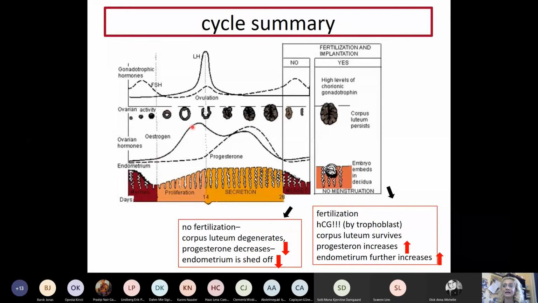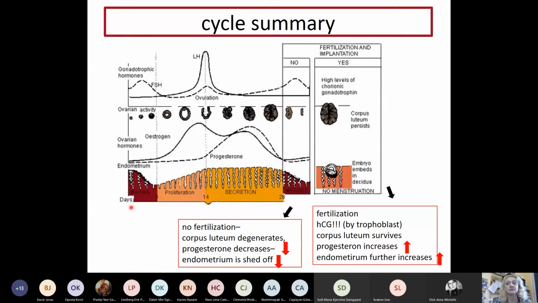estrogen is produced mainly in the first half of the cycle. So this is after menstruation. We consider the first day of the cycle the menstruation first day. Although, if you understand the process, you understand that this is the end of the story, right? Menstruation is at the end when we build up the uterus endometrium and then it's shed off.